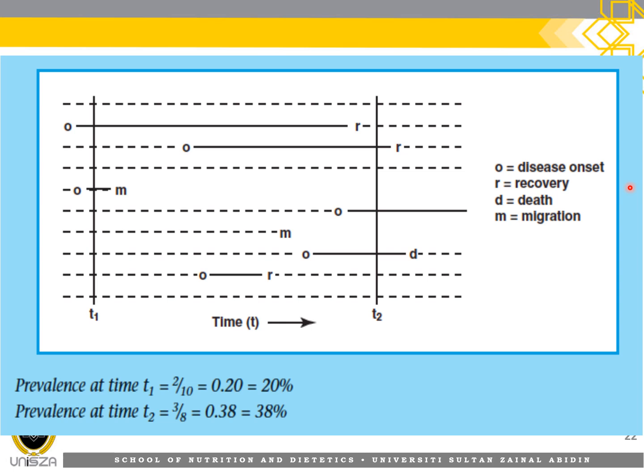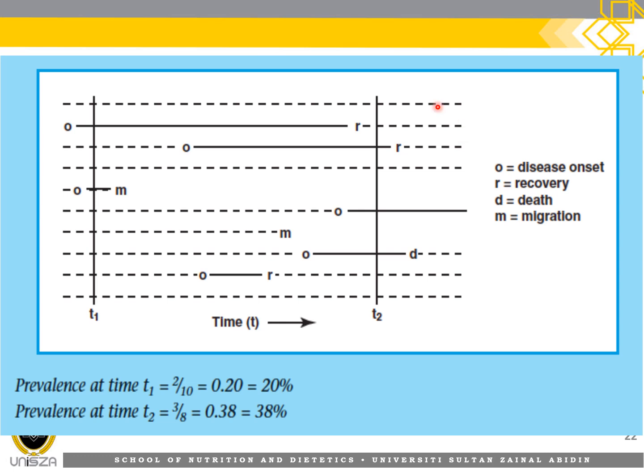So let's look at patient number 2. At the beginning of the study, this person has a disease onset, and the disease continues for a period of time until a period of recovery. And the dotted line shows that they are disease-free.